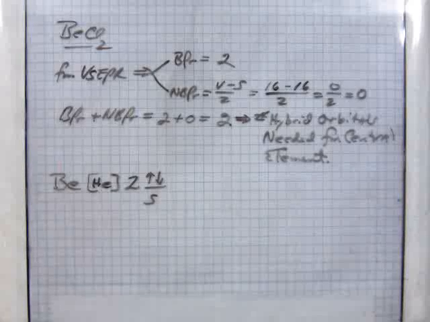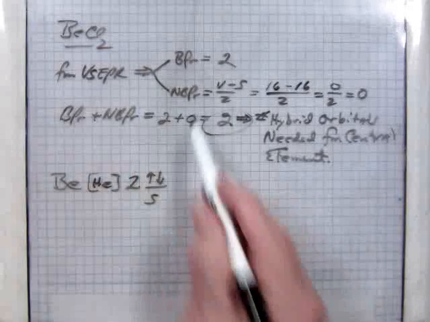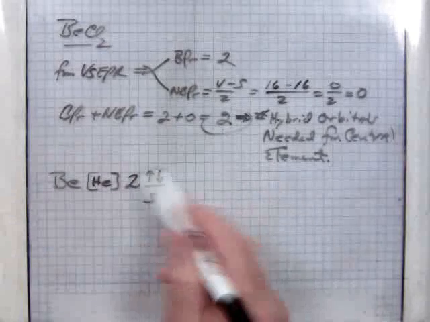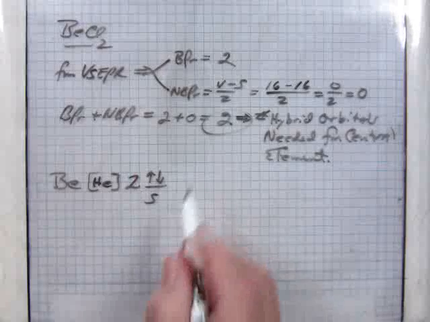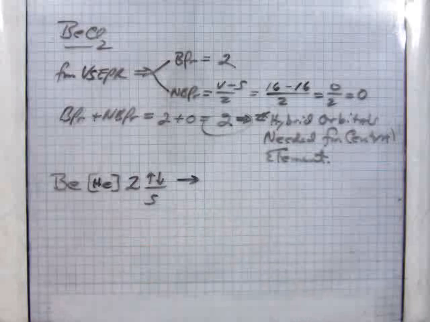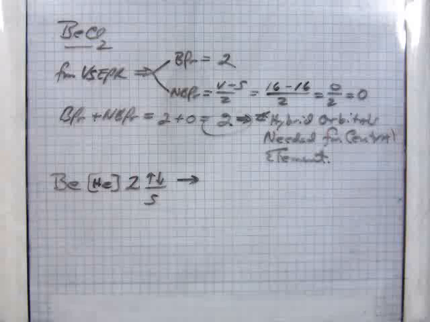Well, how many hybrids do we need? Well, we have to form 2 hybrids out of this. So what do we do? We throw this 2s orbital into the blender and pour it out in 2 equal stacks, just like we did with the s and 3 p's in the methane when we were working with it.